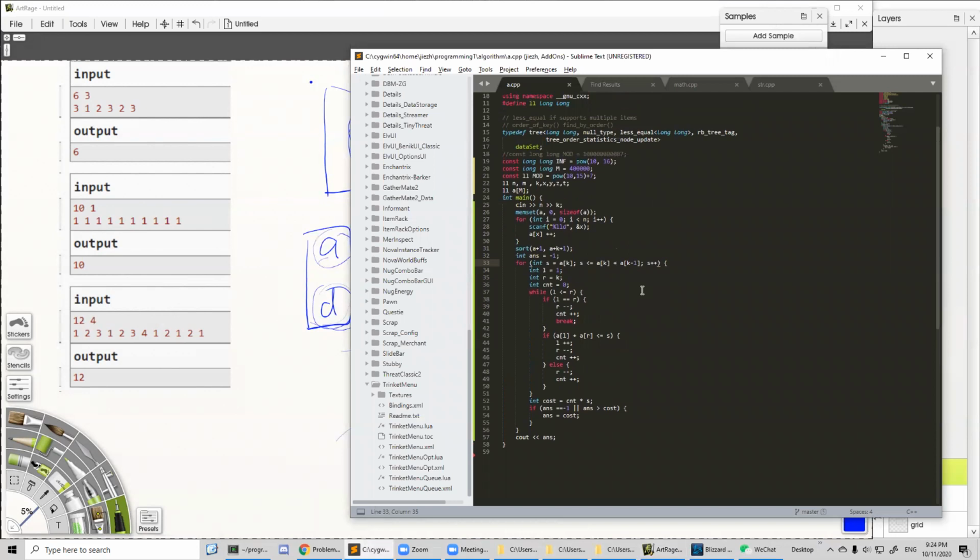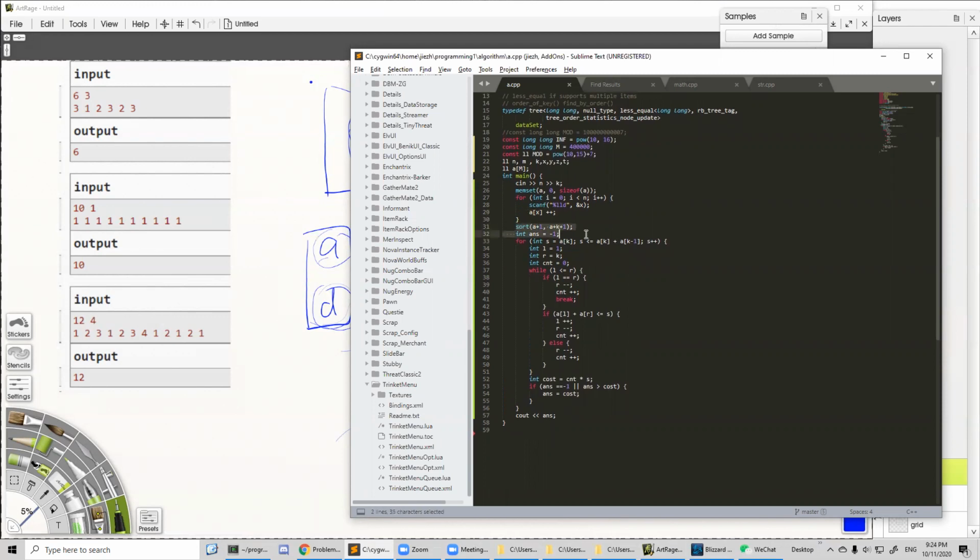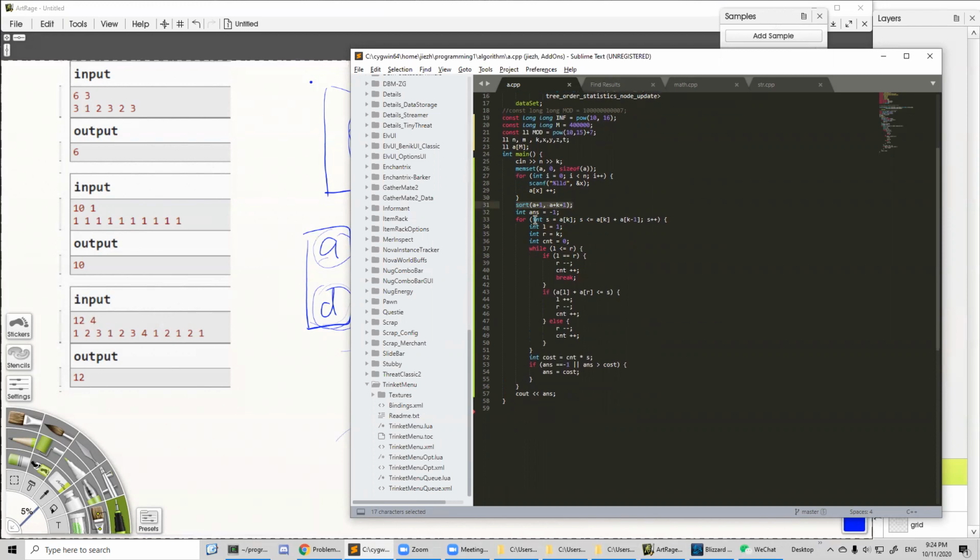So let's take a look at the code here. First, we are going to calculate the size of each team, and then we're going to sort the teams by the size. Then we're going to try all of those S and calculate the cost for each S, right? And we are going to have a left pointer and a right pointer.